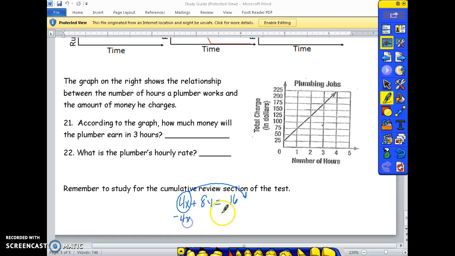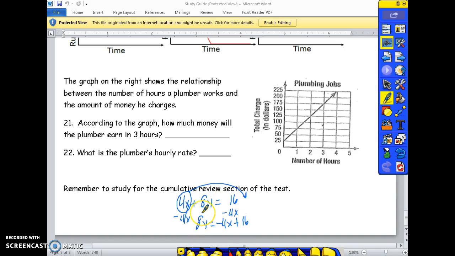In order to do that, we subtract 4x. 4x minus 4x leaves me with 8y. 16 minus 4x, these are not like terms, so I just write them beside each other, keeping minus 4x negative, and 16 will be plus 16.